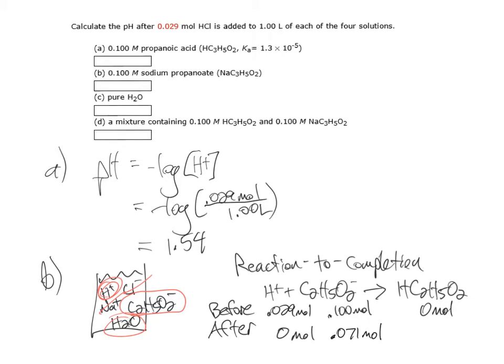If 0.1 is reduced by 0.029, you get 0.071, just as 0.029 went down to 0. On the other side of the equation, we'll see an increase by the same amount, 0.029. If you start at 0 and add 0.029, then you have 0.029.